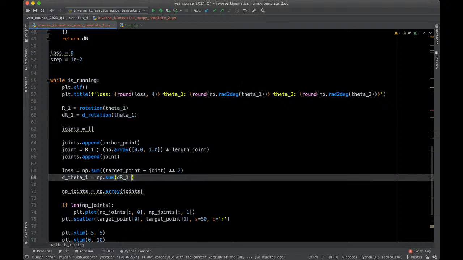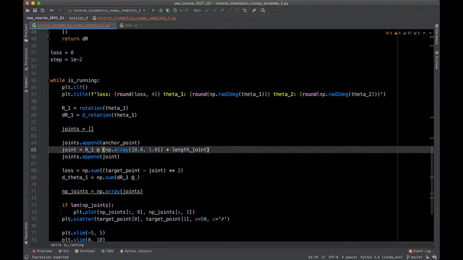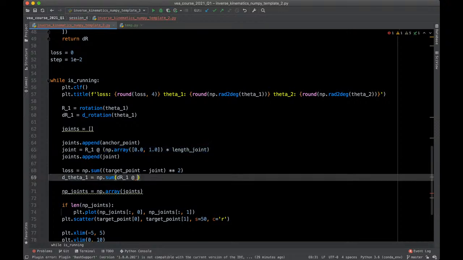So this one, then of course the matrix multiplication. So we need to matrix multiply by this one. So this constant of the vector by length. So this one, and then we need to multiply it by the error that we have. So for the error part, there was this.